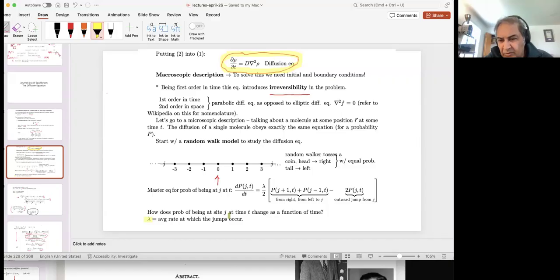Just like you do when you solve the Schrodinger equation or when you solve the Laplace equation and so on. Because left side has a time dependence, right side has a space dependence. So therefore, left side equal to right side equal to some constant. Then you can solve this problem. And if you can solve this problem, you'll find that you get a slightly different solution with appropriate boundary conditions.